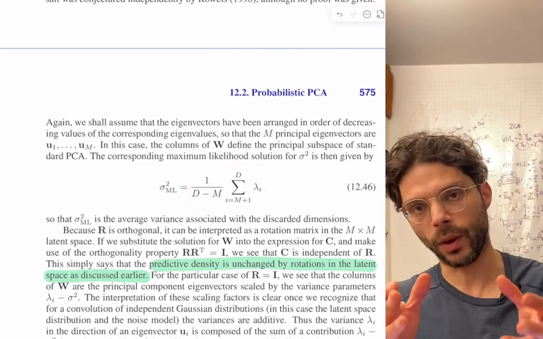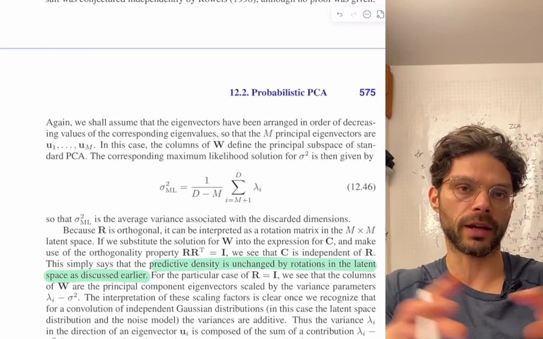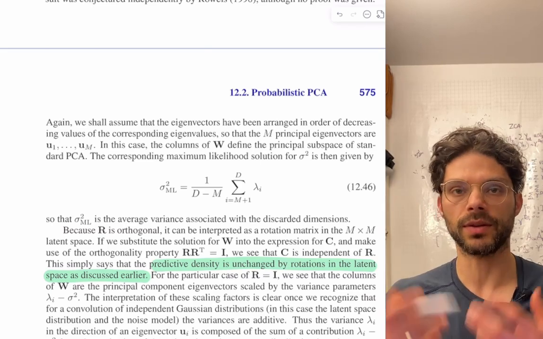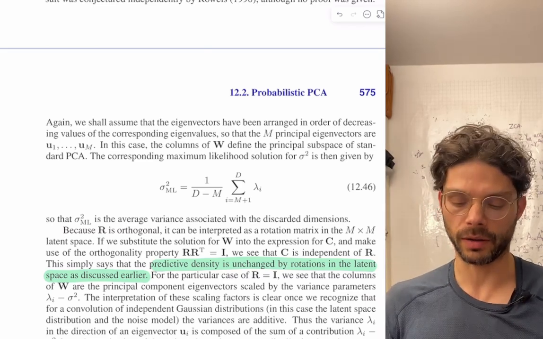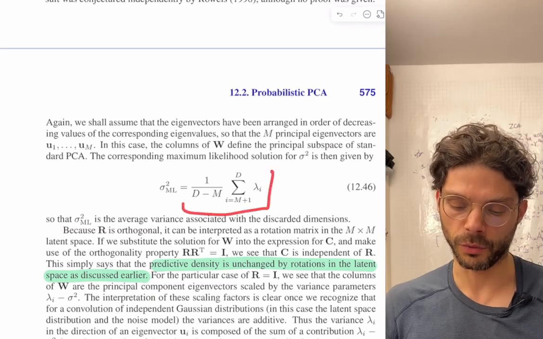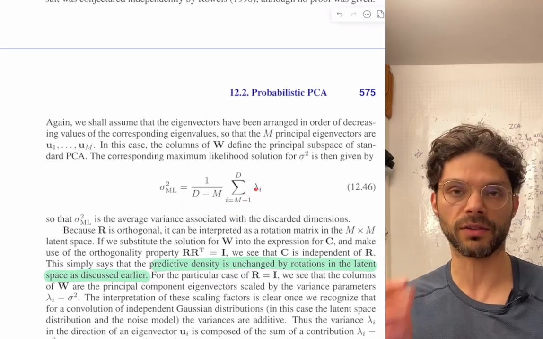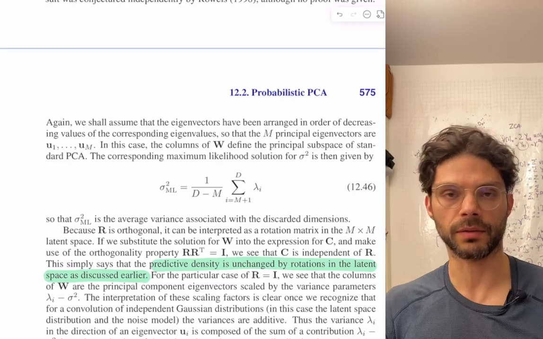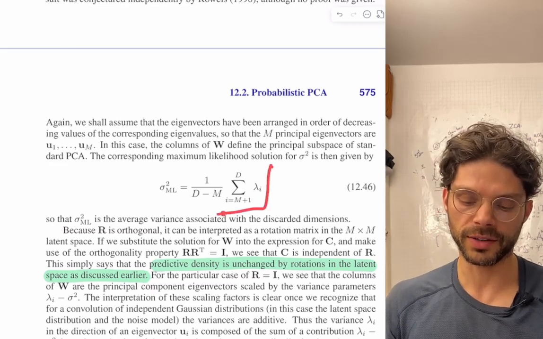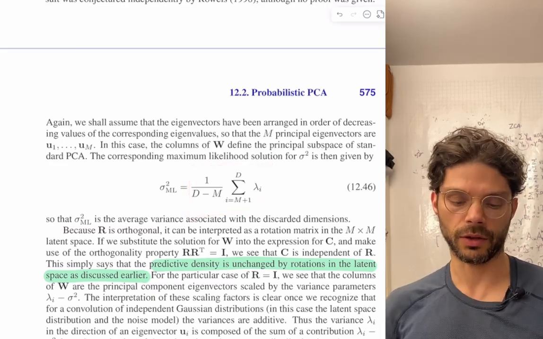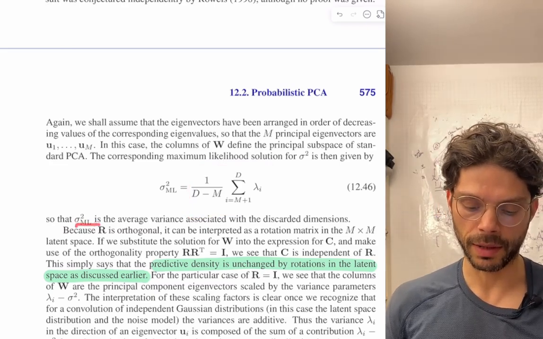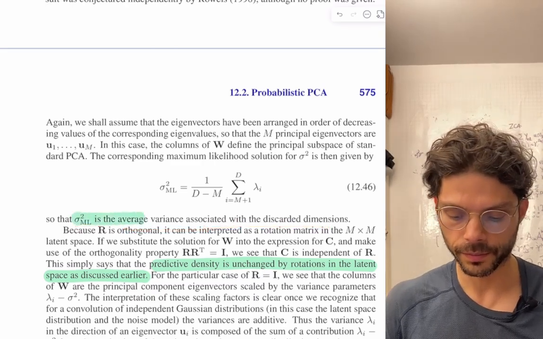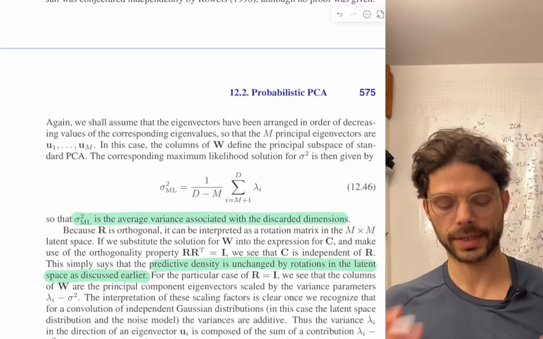You've used the weight vector to pick the top m eigenvectors, or whichever ones you've chosen, but the best ones to pick, the ones that maximize the likelihood, are the top eigenvectors. And the variance? Well, these are the variances along all the other directions. There are d minus m of them, because you've picked the top m. So you're taking the average variance in the other directions. So sigma squared ML is the average variance associated with the discarded dimensions. That's exactly what we're seeing here, and we'll see that in the derivation.